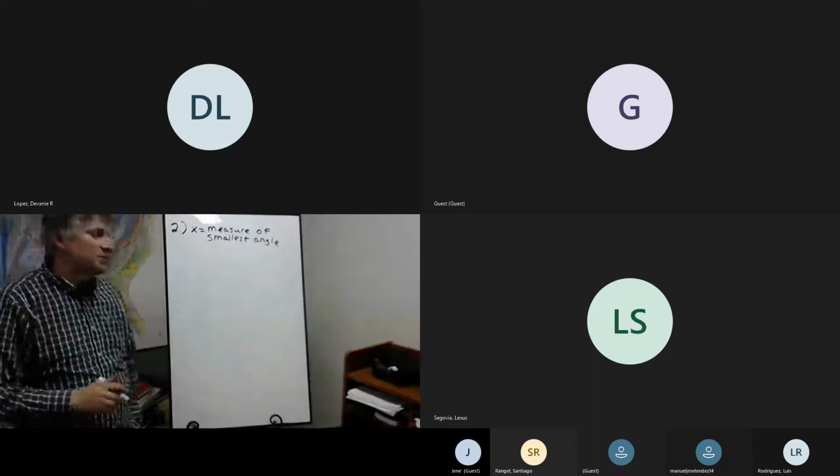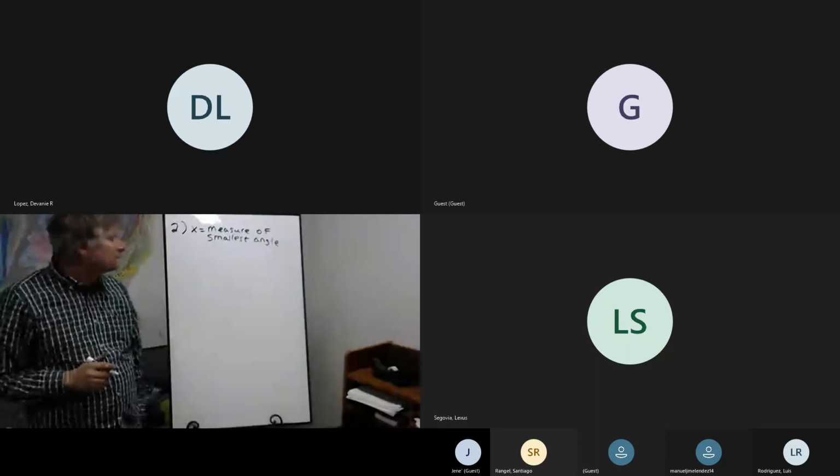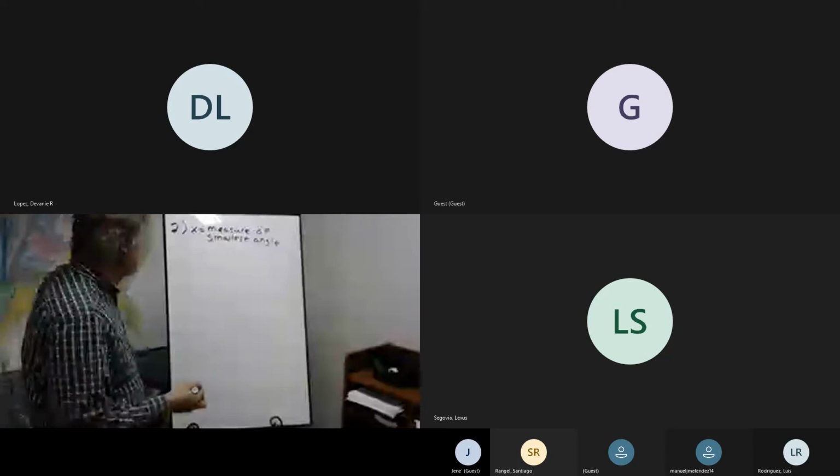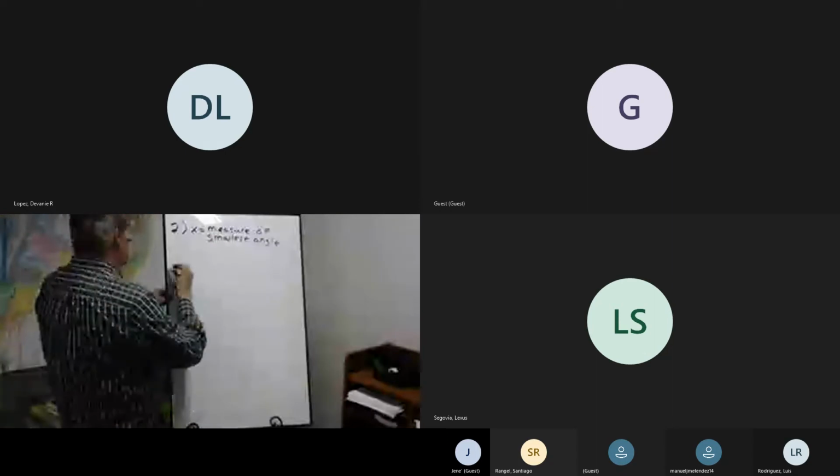So x is the measure of the smallest angle. You can build a chart with this if you want, and it's a one-row chart.